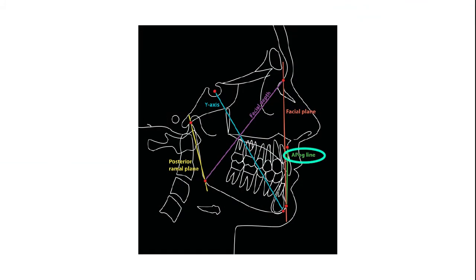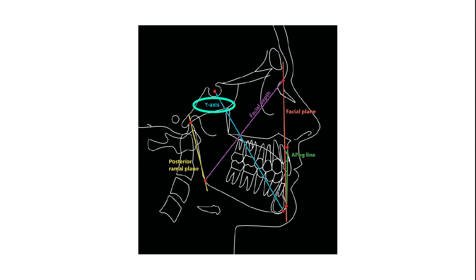A-Pogonion line. This line is defined as a line connecting maxillary point A to bony Pogonion. It is described by the orthodontist Robert Ricketts, used in the Downs analysis and popularized by Raleigh Williams. Y-axis.